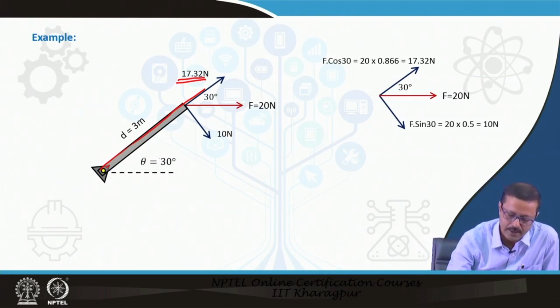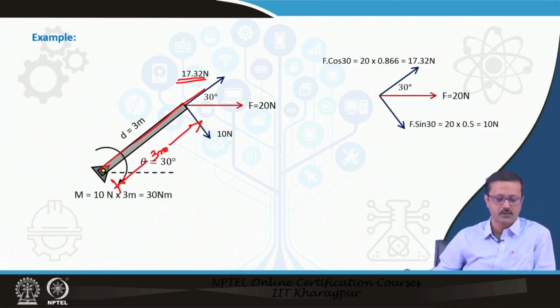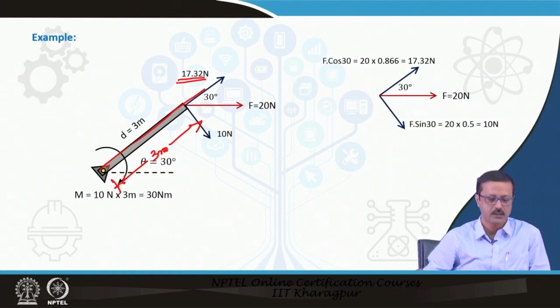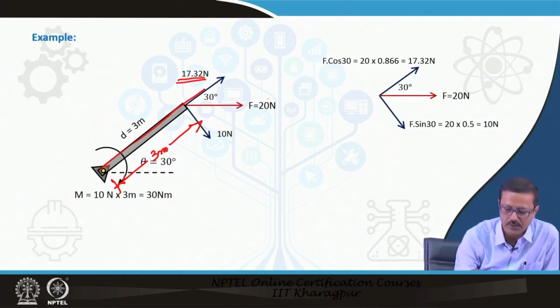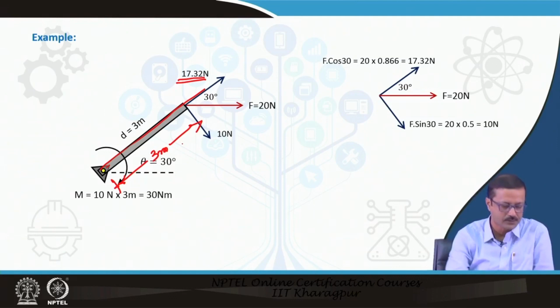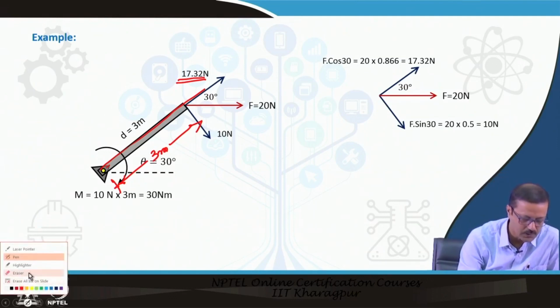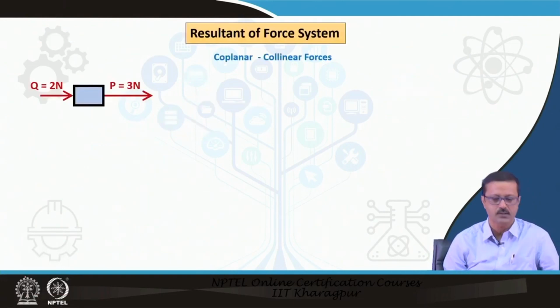But the 10 is at a distance of 3 meter, so the final moment will be 10 into 3, which is 30 Newton meter. Even though the force is 20 and acting here, it is not 20 into 3, it is 10 into 3, because the perpendicular component of the force is 10 and the other component is through the axis, so it is not considered.